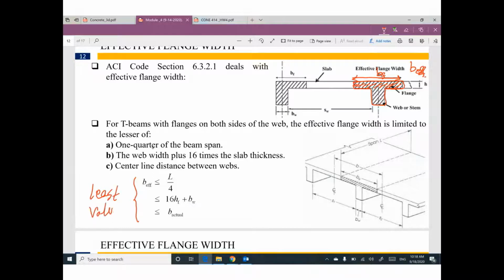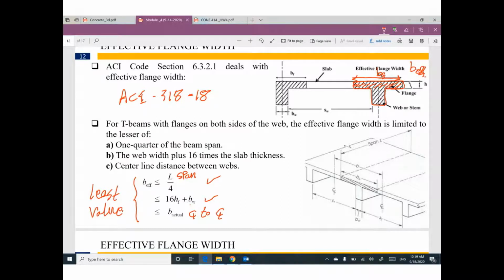According to ACI, American Concrete Institute, ACI 318 for 2018: span of this beam divided by 4, we have a value. 16 H flange plus B web, we have another value. Or center line to center line.